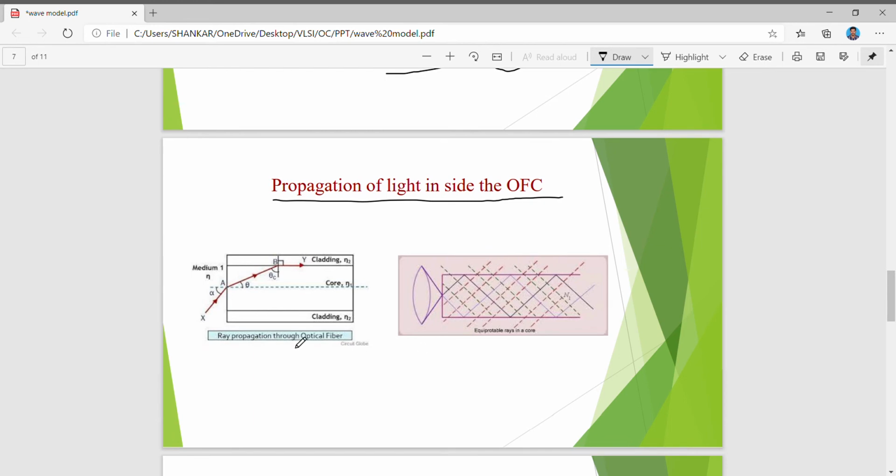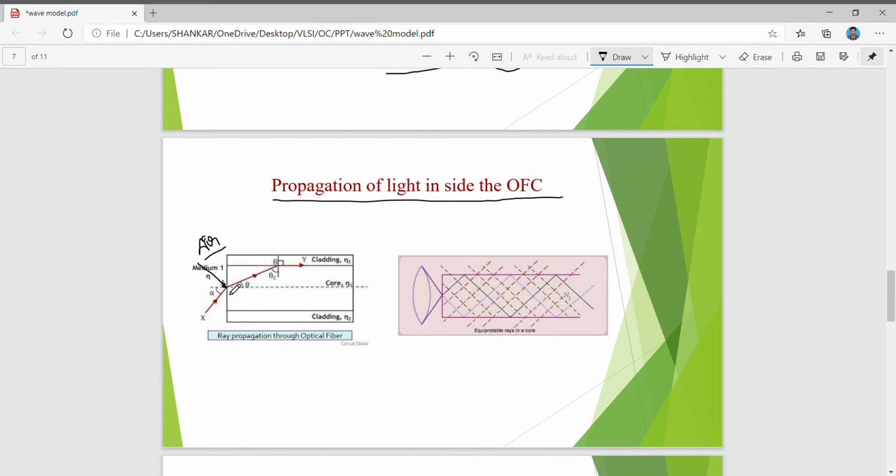Let us assume this medium is air. From this medium, suppose you incident the signal here, meaning incident the signal at the core.